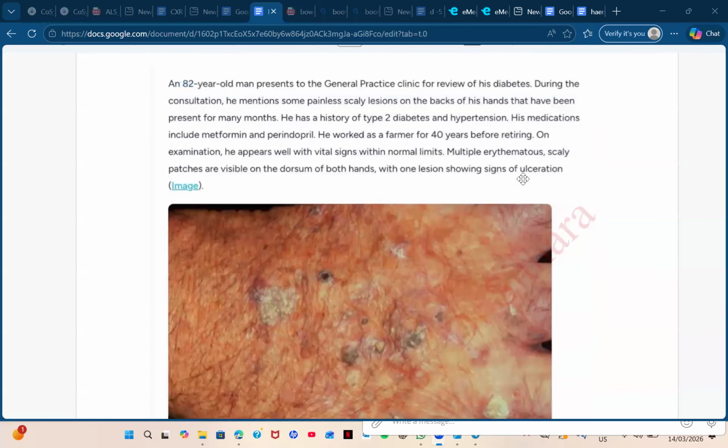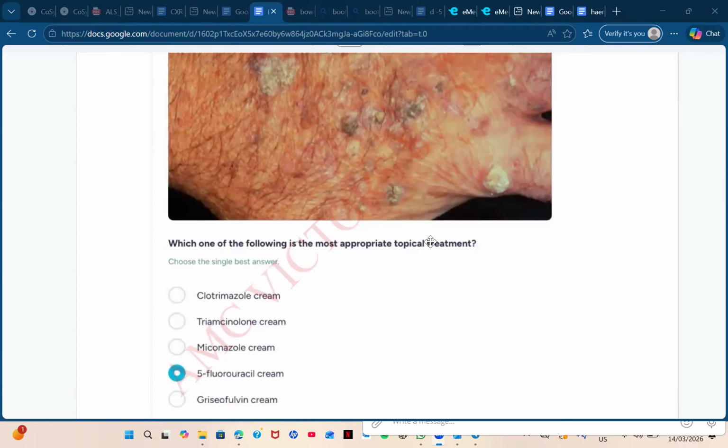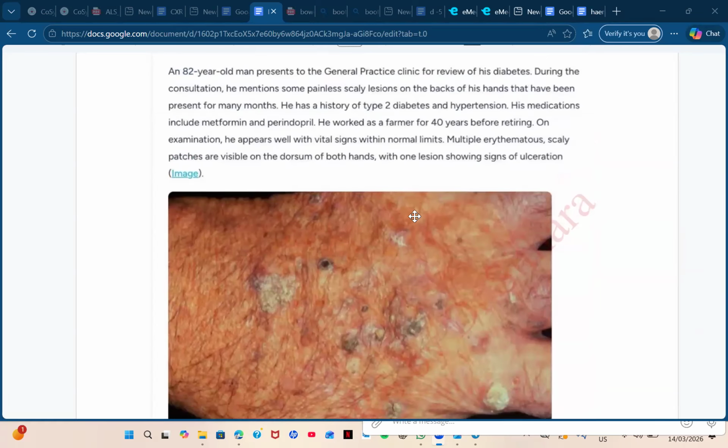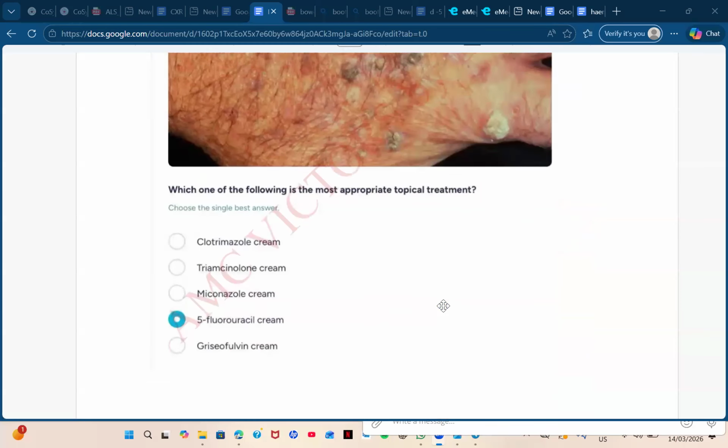Here they ask which one is the most appropriate topical management. So before that, tell me what is this, doctors? What happened to the other doctors? Yeah, these are solar keratosis or actinic keratosis.